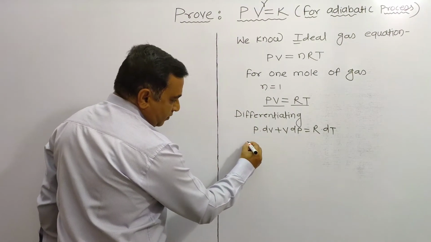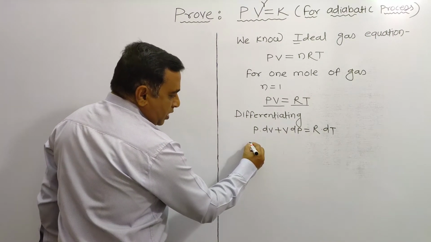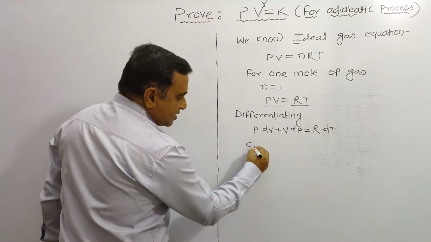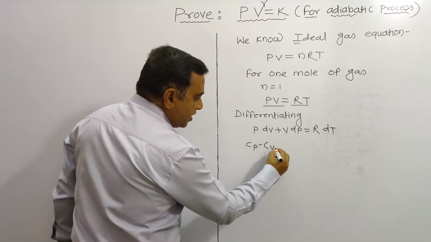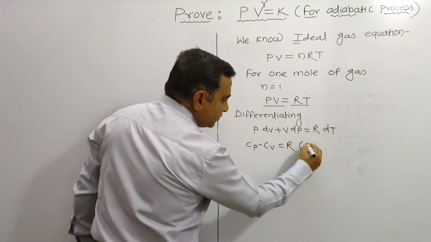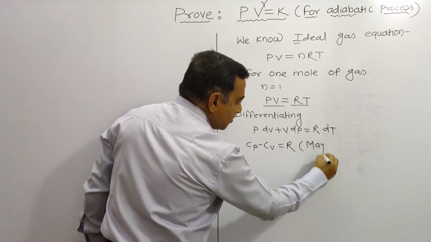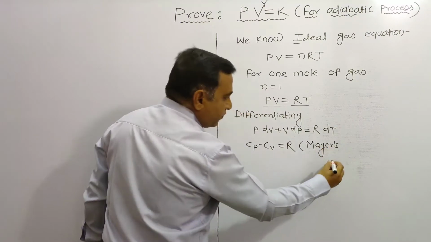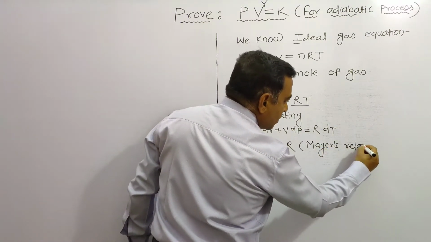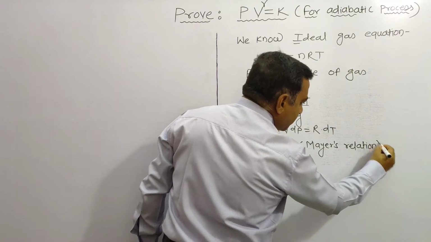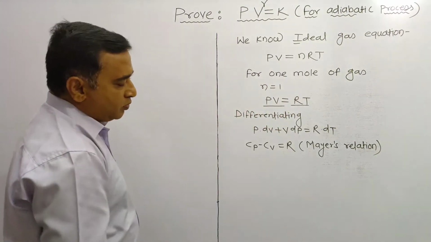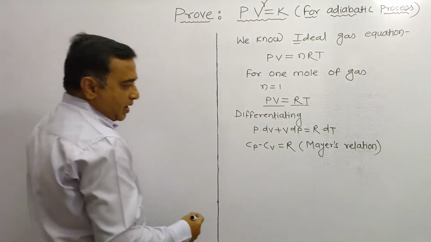Also, we know very well the Mayer's relation, Cp - Cv = R, which we have already obtained in the previous video on the kinetic theory of gases.